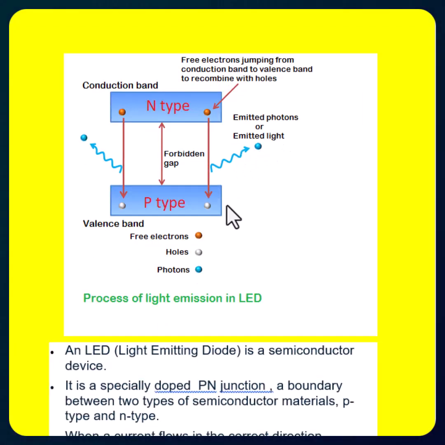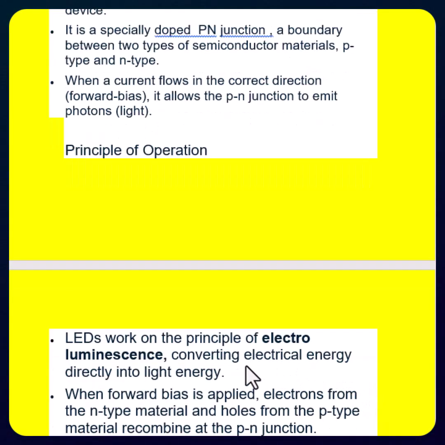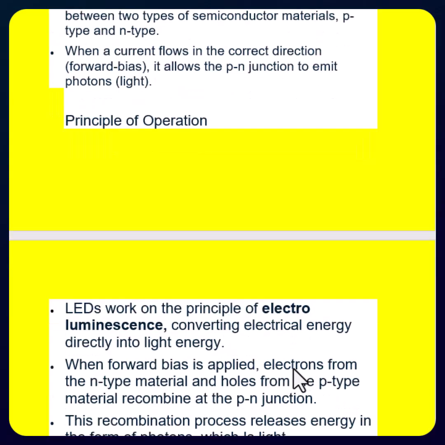Light is shown in the form of blue color, whereas the holes are shown as white balls, and free electrons are shown as red color, which are present in the n-type. And the recombination of the holes and electrons at the junction is called electroluminescence. So that converts the electrical energy directly into light energy.